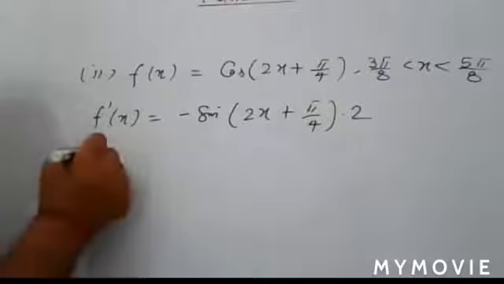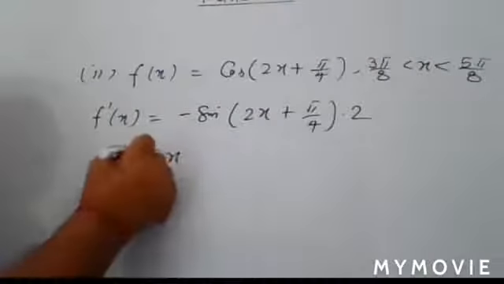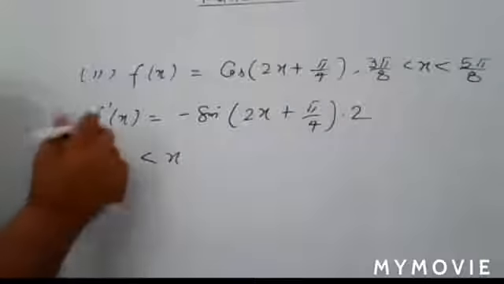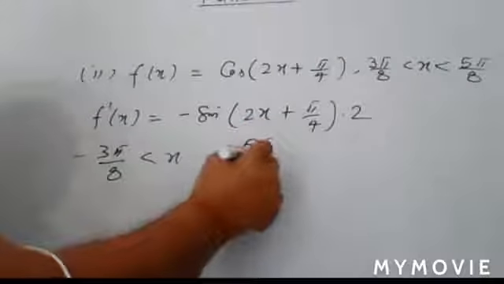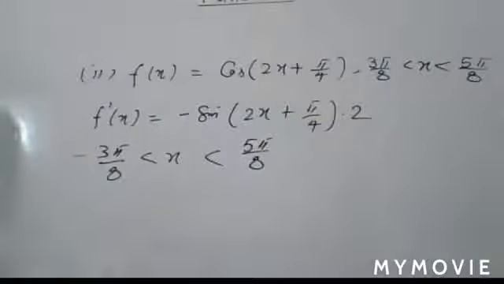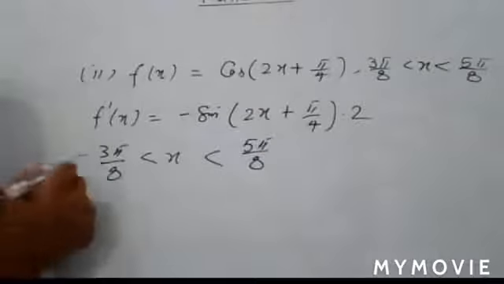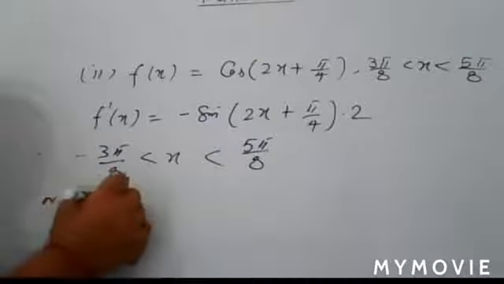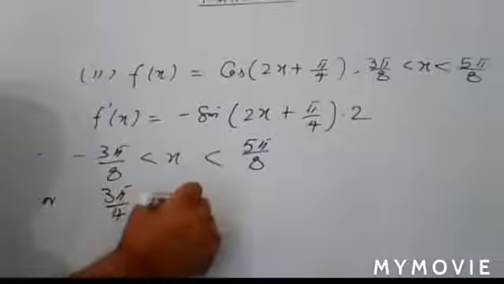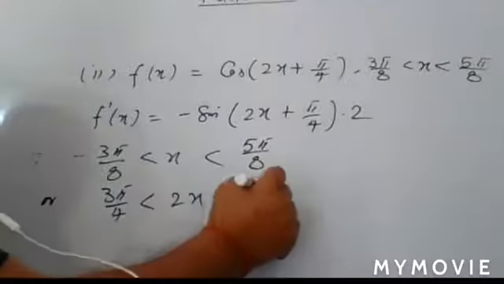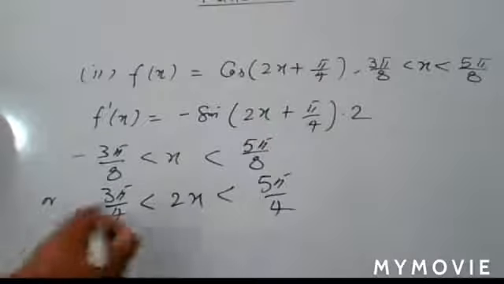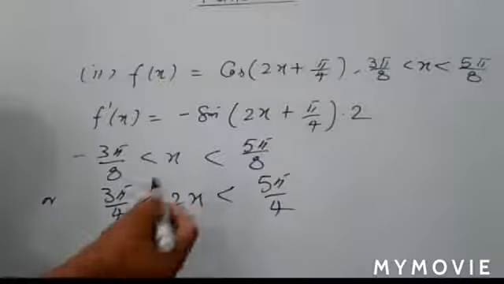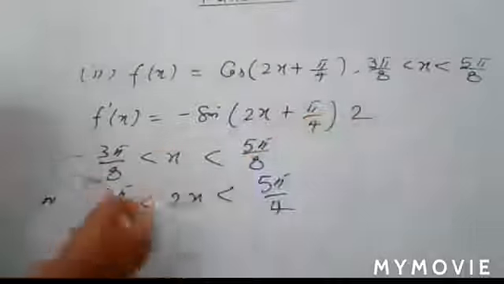Since x is greater than 3 pi by 8 and less than 5 pi by 8, and here you have 2x, multiplying both sides by 2, you have 2x greater than 3 pi by 4 and less than 5 pi by 4. Understand? Now add pi by 4 to both sides.